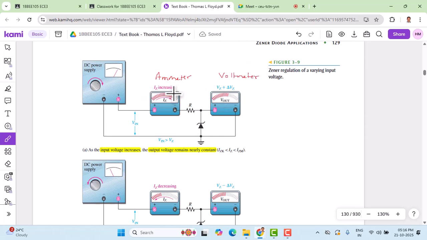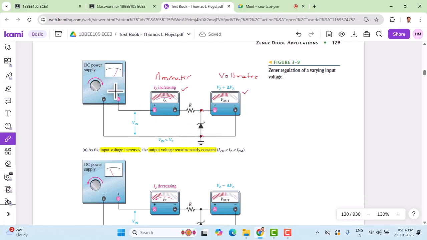So we have two measuring instruments: one is a current measuring instrument, the other is a voltage measuring instrument. As we know, the current instrument, the ammeter, should be connected in series, and the voltage measuring instrument has to be connected in parallel, so that it is connected across the Zener diode here.